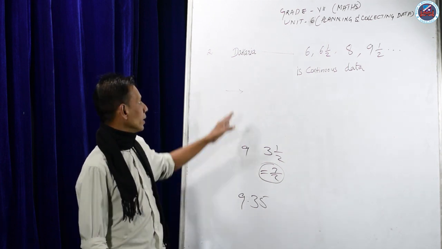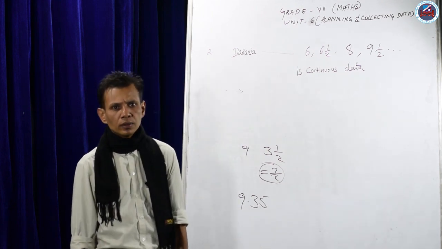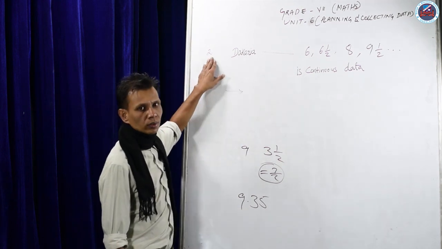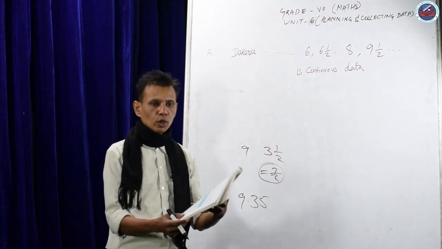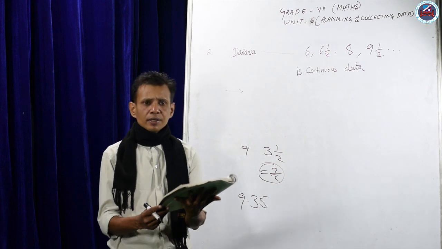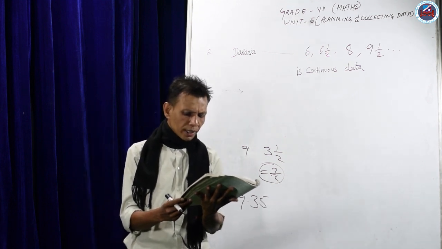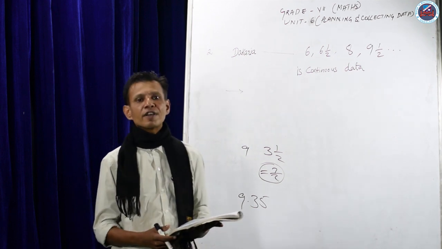Now, question number 1 of 6.2 I have solved for you. Now I'm going to do question number 2. I'm going to read it for you. Darakai is explaining how he carried out a survey.